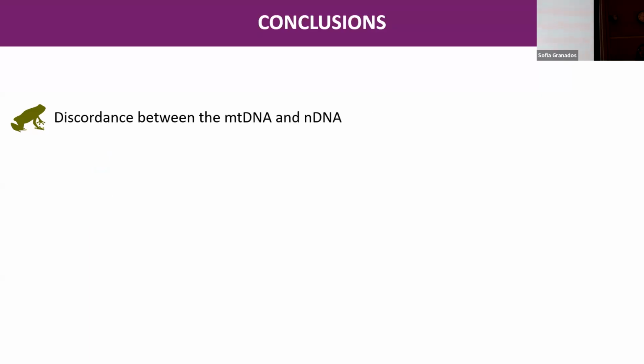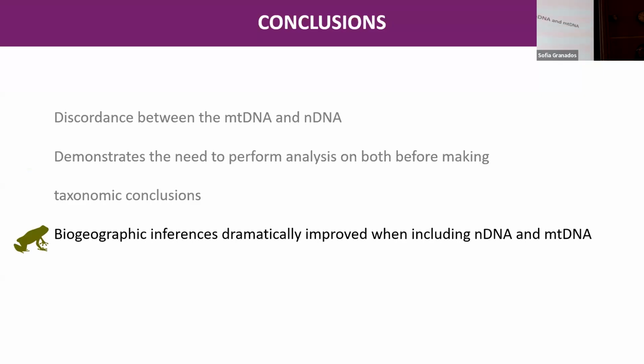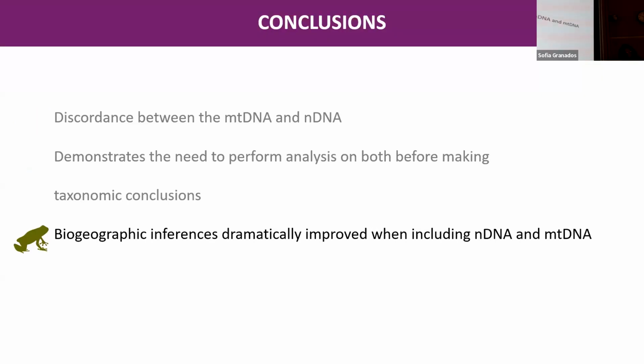We detected some discordance between the mitochondrial and nuclear DNA, which demonstrates the need to perform analysis on both of them before we can make any inferences in taxonomic or biogeographic analysis. Okay, so those are my conclusions.